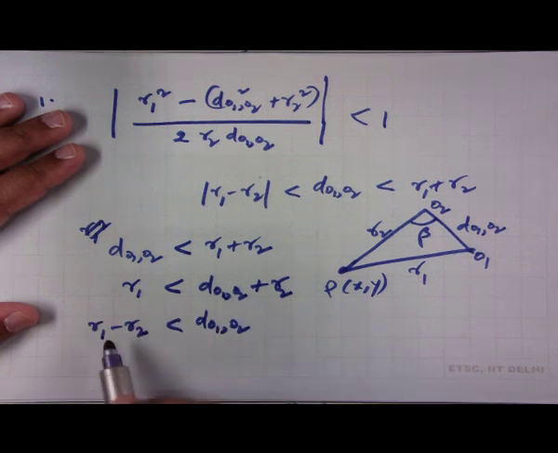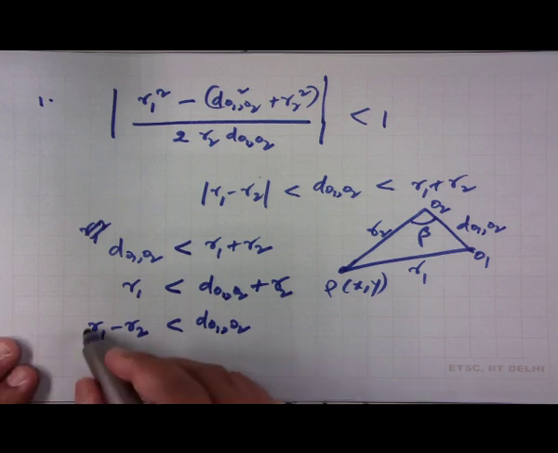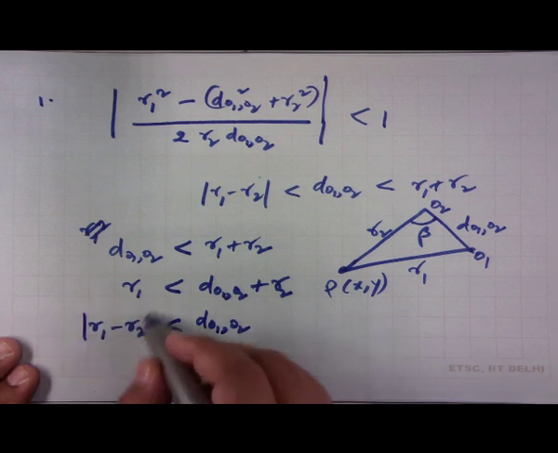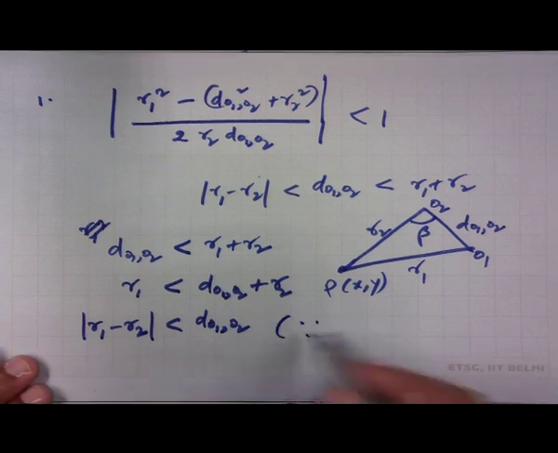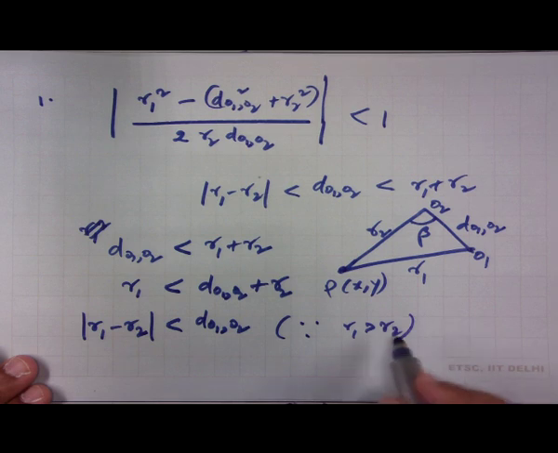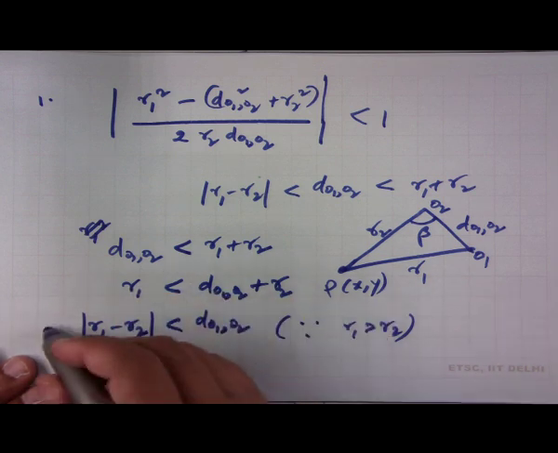Now, since without loss of generality R1 is greater than R2, this is the same as its absolute difference. So, this second triangular inequality implies this.